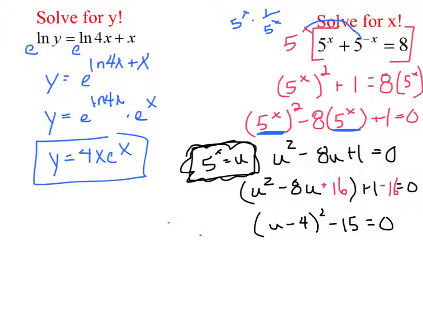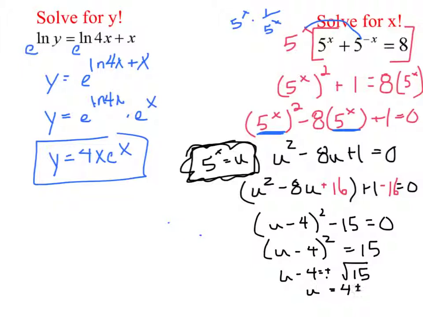And now I'm going to solve for u. So u minus 4 squared equals 15. Square root, so u minus 4 equals plus or minus the square root of 15. So u equals 4 plus or minus the square root of 15.